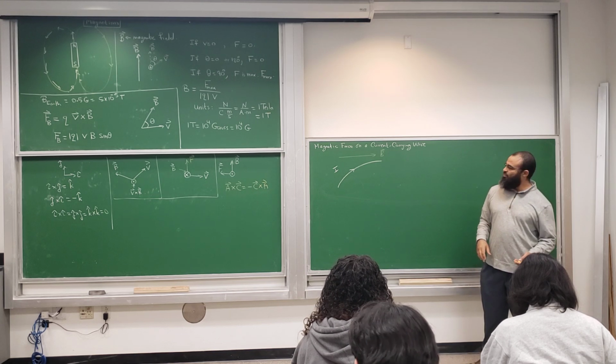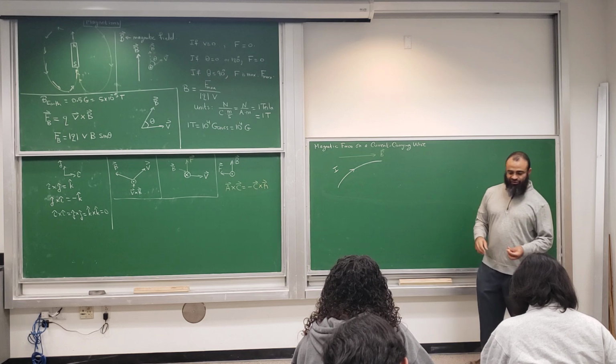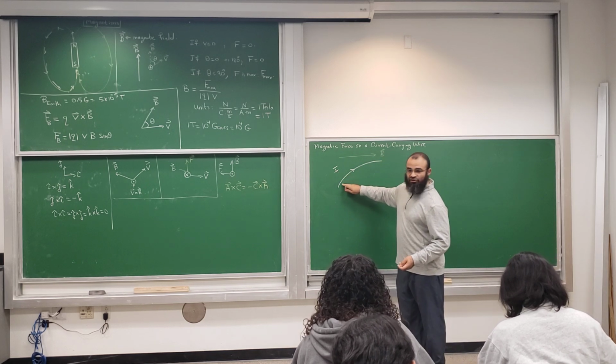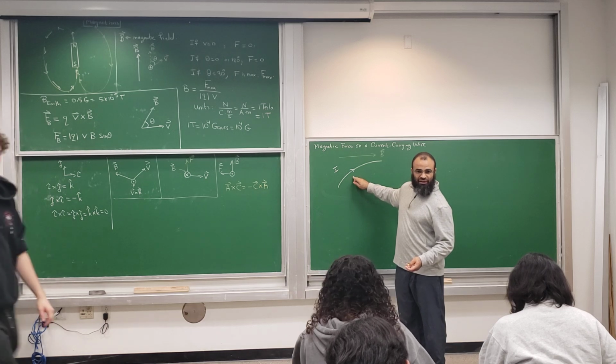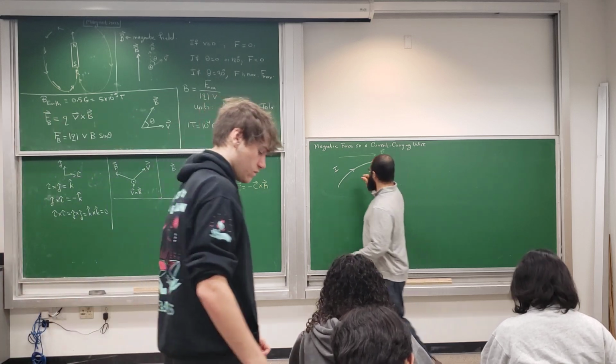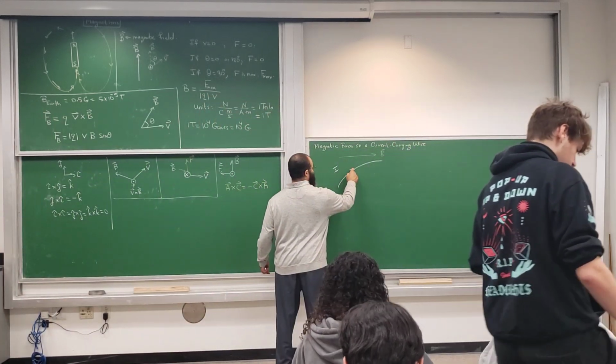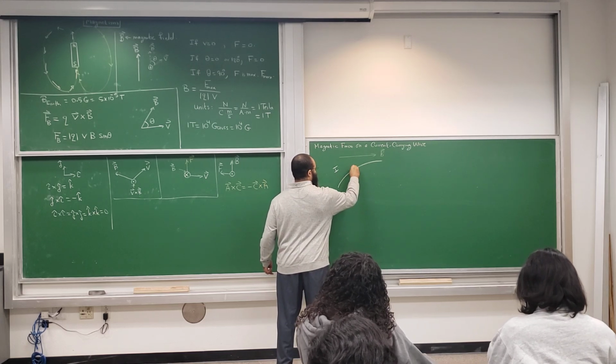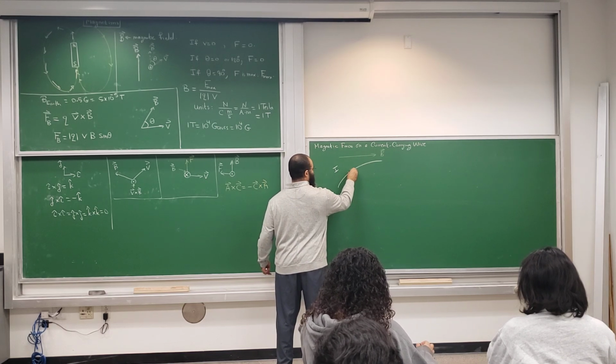So the idea is break this segment into many little segments. Because the current carrying wire has charges that are moving, dQs. So let's take a little dQ here. Let me draw it with red. There is a charge, and it's moving in this direction, right?